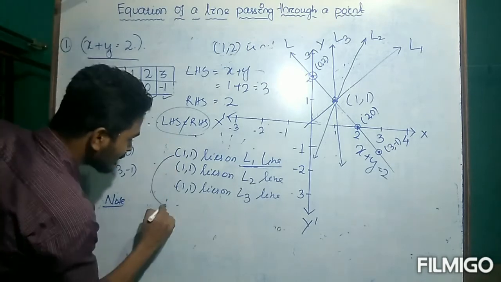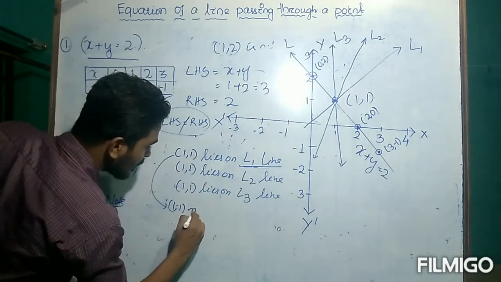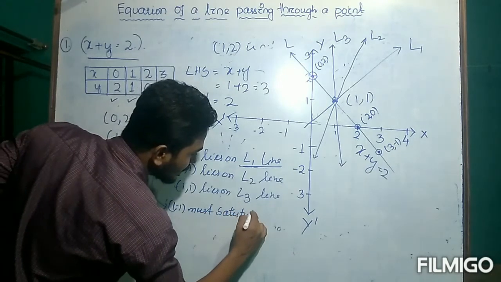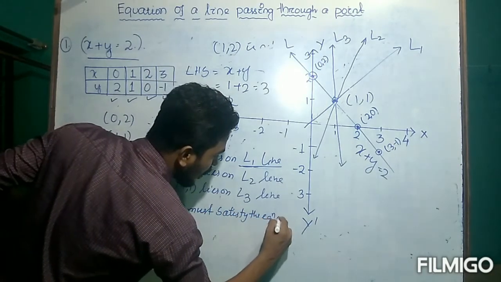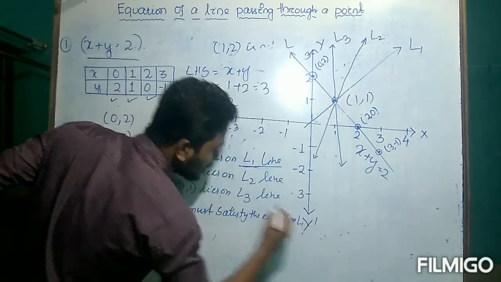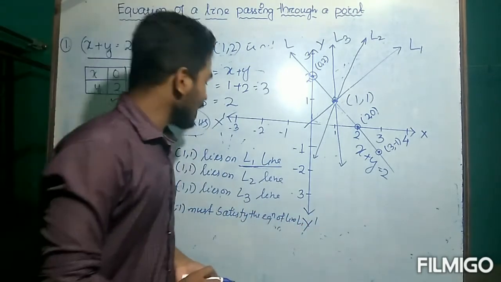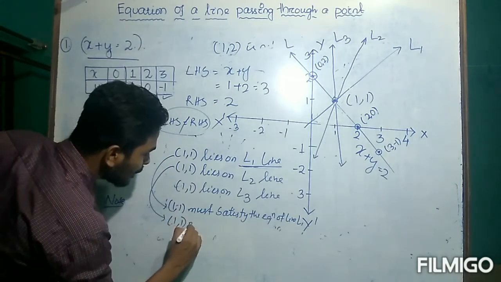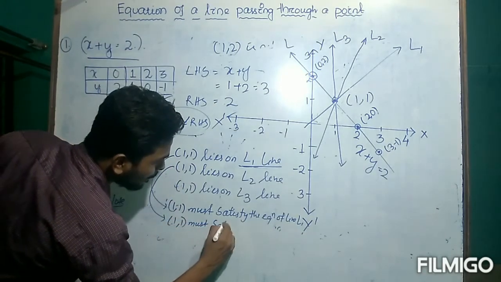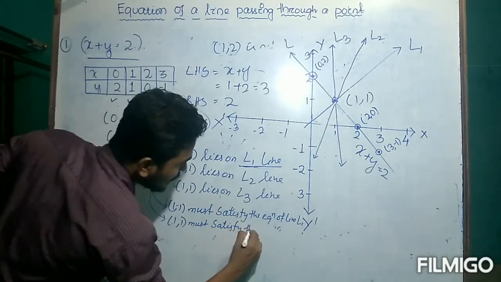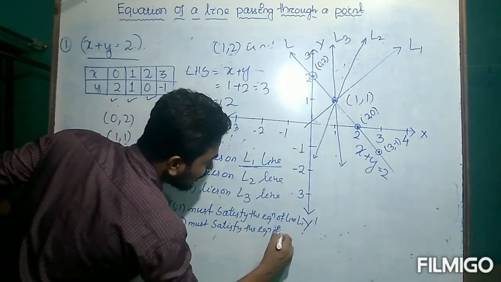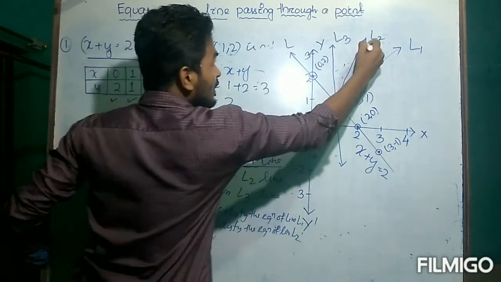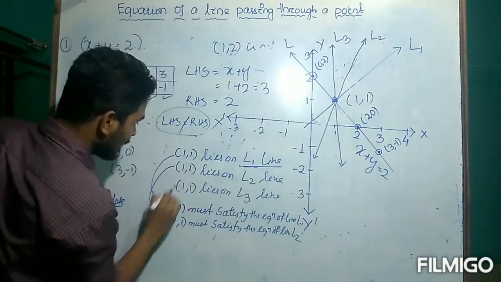So you can write, 1 must satisfy the equation of line L1. Similarly, this point 1 must satisfy the equation of line L2.